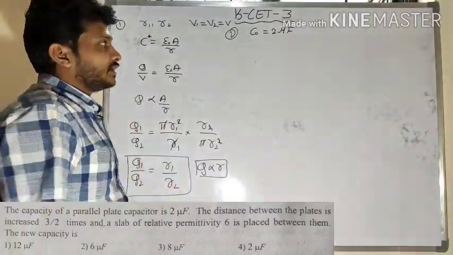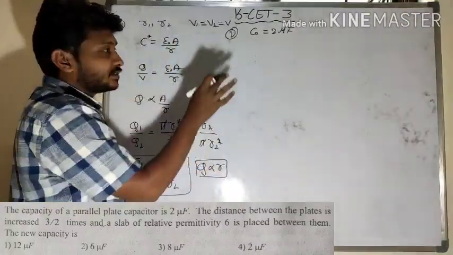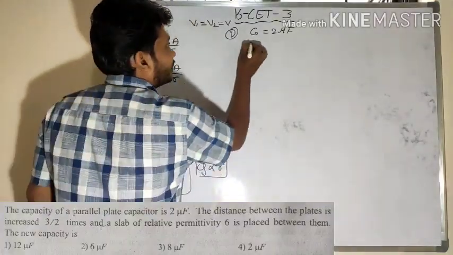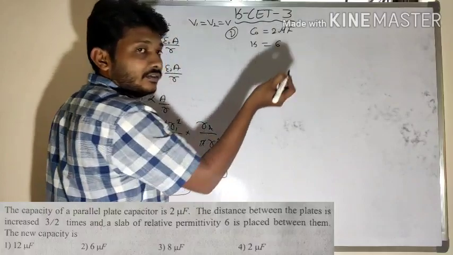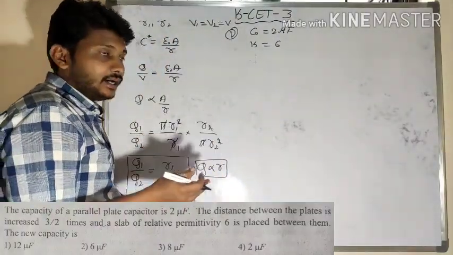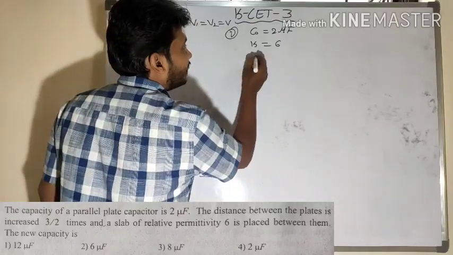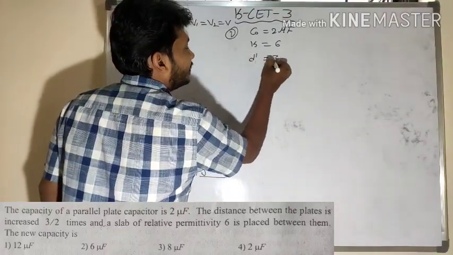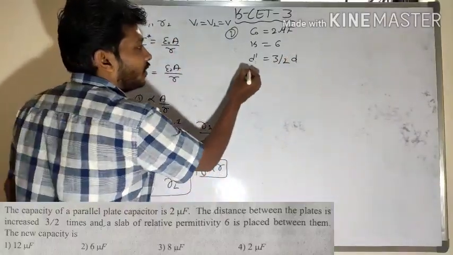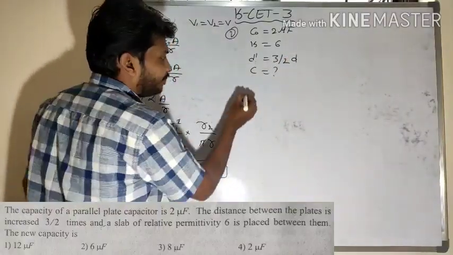Then what is the new capacitance? The initial capacitance is 2 microfarad. Now they are introducing a dielectric whose constant value is 6, and the distance between the plates is increased 3 by 2 times, so the new distance is 3 by 2 times d.